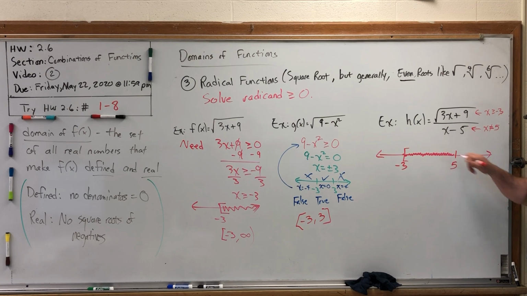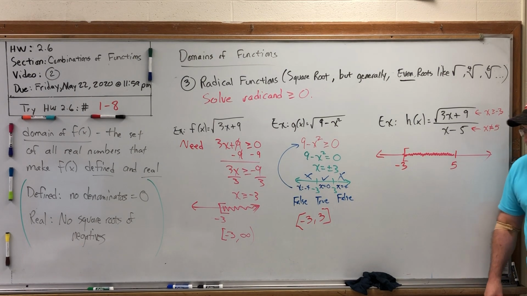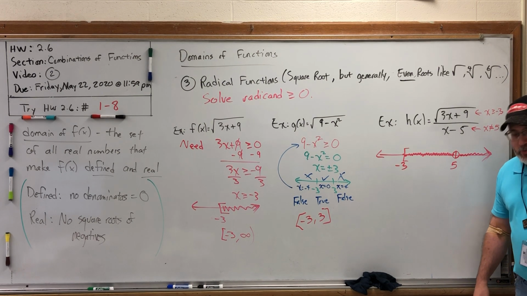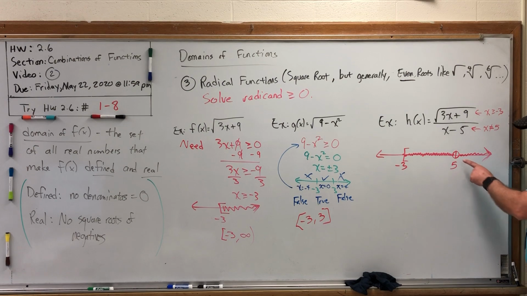But slow your roll when you get to the 5. If I just shade in right over it, it's going to include the 5. And I need to explicitly exclude the 5. So I'm going to go ahead and write an open circle so it's clear that that 5 is missing. Although I did say in a previous video we don't write open circles, we write parentheses, but for visual purposes I think that's better right now.